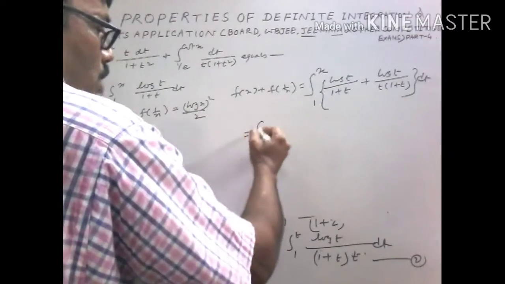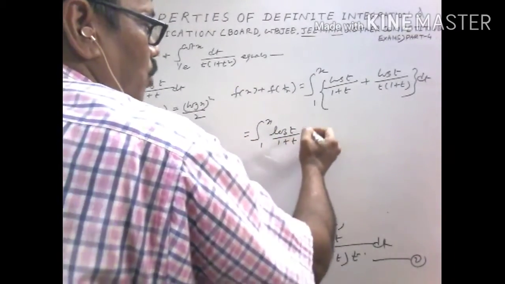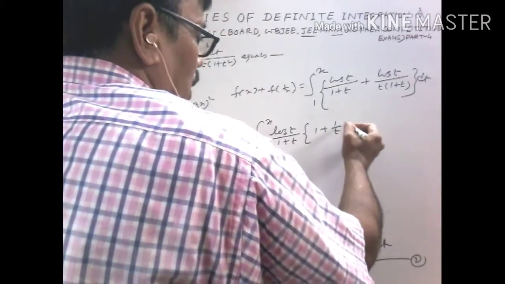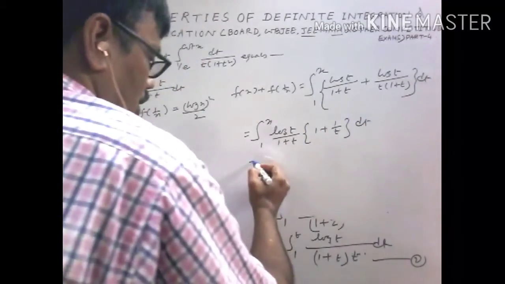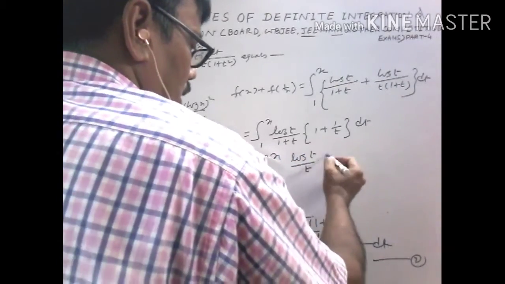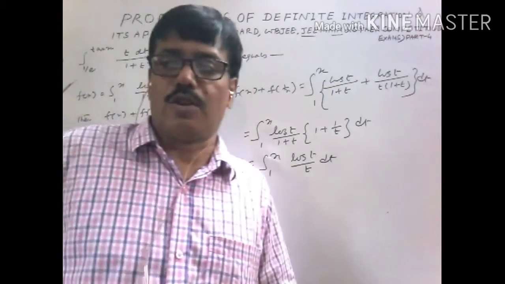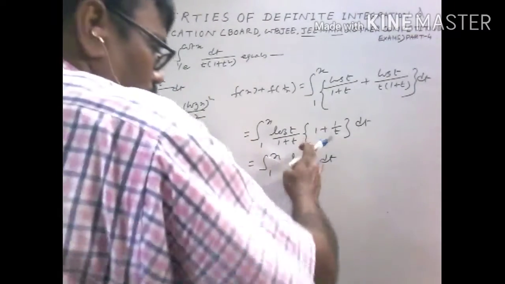So look, the integral from 1 to x of log t by (1 plus t), comma, (1 plus 1 by t) dt. So finally, log t by t dt. Look, simple result: log t by t.